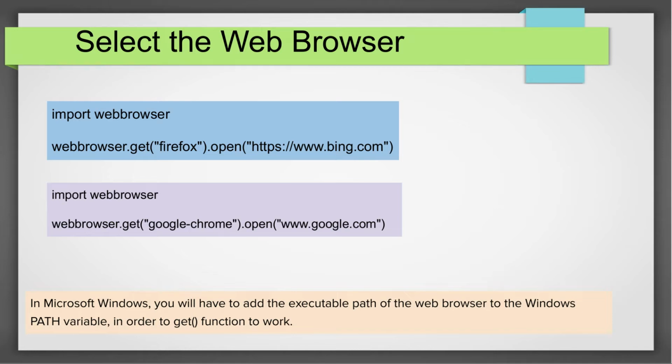The second Python script will open Google Chrome in the Linux operating system. If you are using Microsoft Windows, you will have to add the executable path of the web browser to the Windows path variable in order for the get function to work. This is about the only thing the Webbrowser module can do.